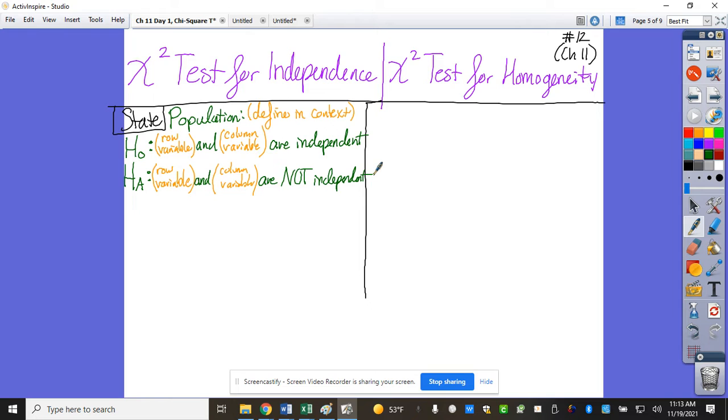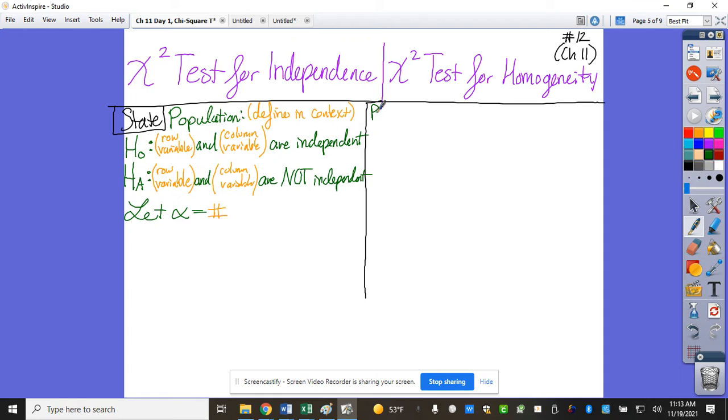And it is a test, so I also need alpha. And then just like always, 0.05 if one's not given. I'm going to go ahead and write this one even though we haven't talked about it yet.